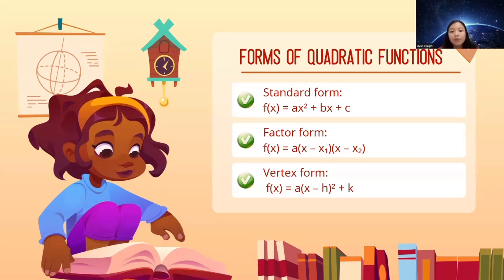And the vertex form is f of x equals a times x minus h squared plus k. Please look carefully at the different forms shown on the screen. Each form has its own use depending on the problem.